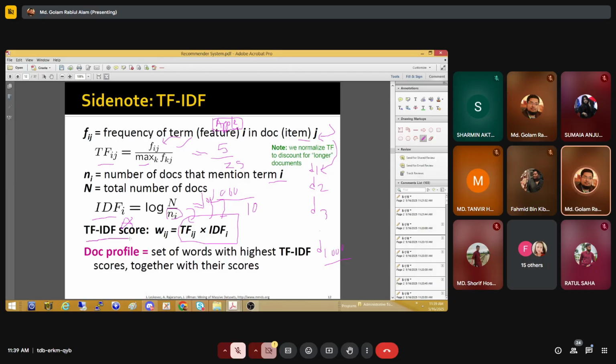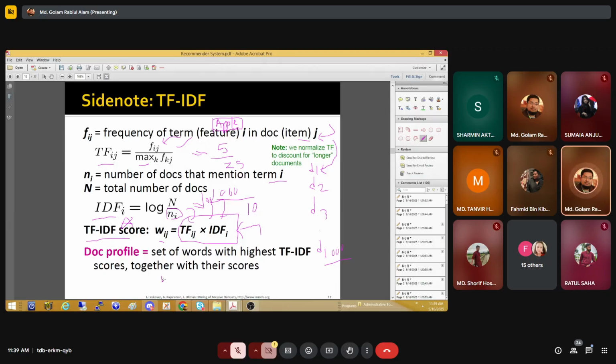Then this is called the TF-IDF score, actually a weighted value of term frequency and inverse document frequency. So you have to find the TF-IDF for each and every term, and for each and every document also. That's why in W_ij, i is the term and j is the document.